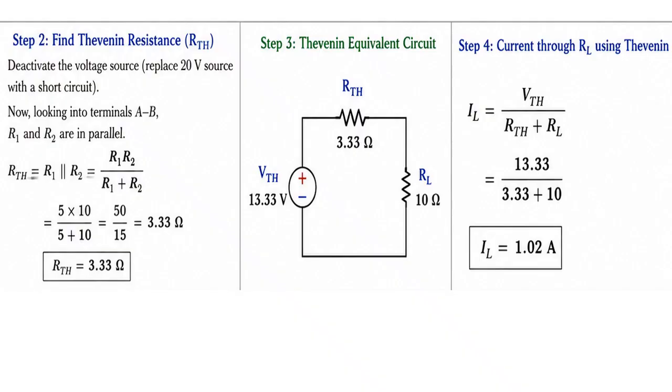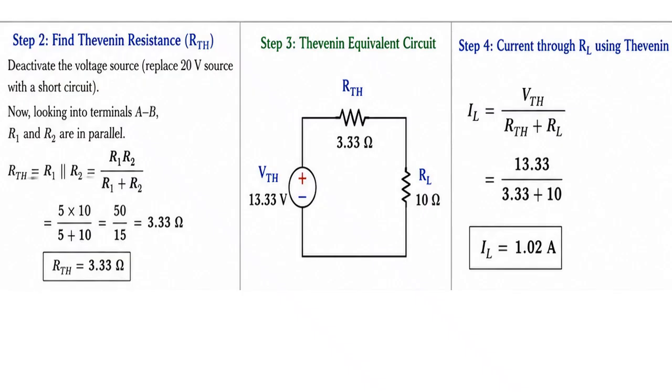After finding out the Thevenin's resistance value and the Thevenin's voltage, we can draw the Thevenin's equivalent circuit, that is, VTH in series with the Thevenin's resistance, which is connected to the load resistance. After drawing the equivalent circuit, now we can calculate the current IL through the load resistance RL using Thevenin's theorem, that is, IL is equal to VTH by RTH plus RL.